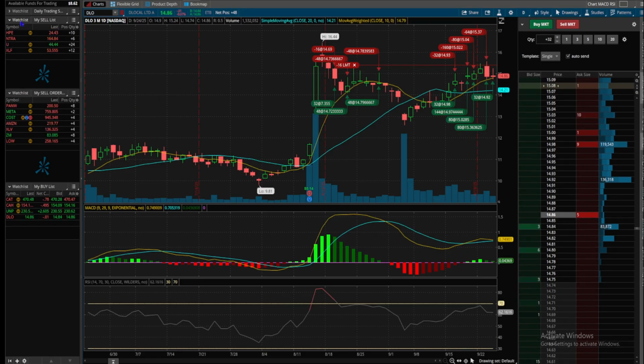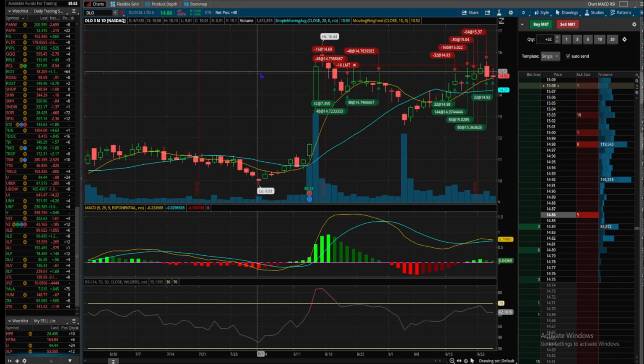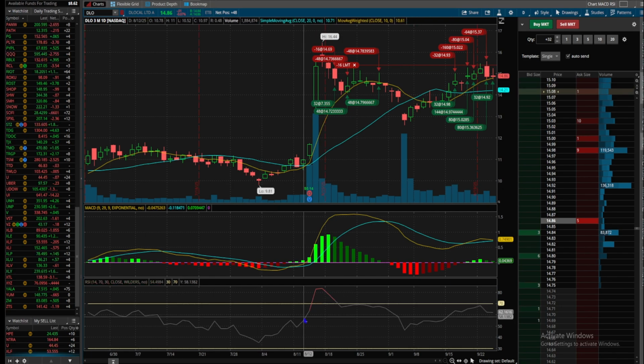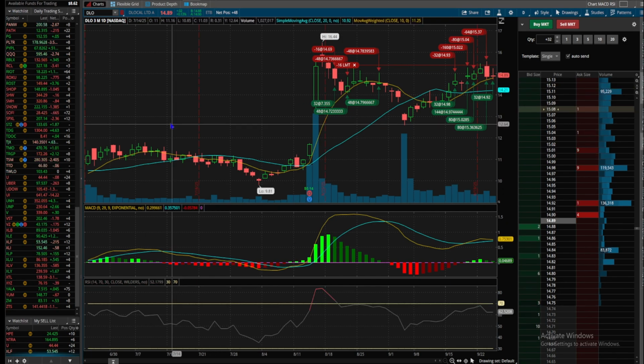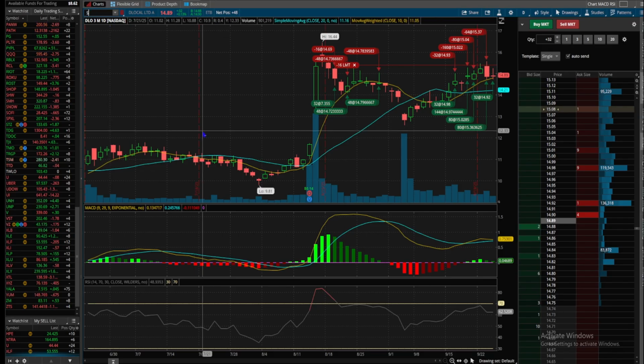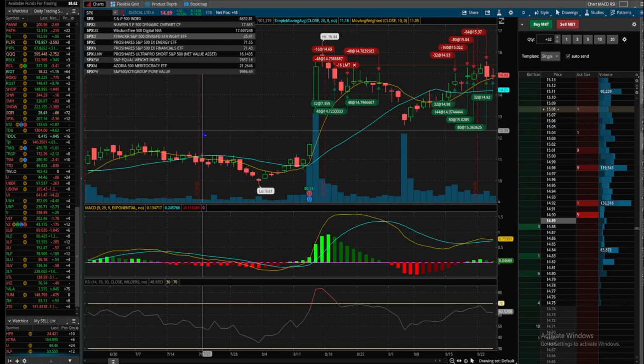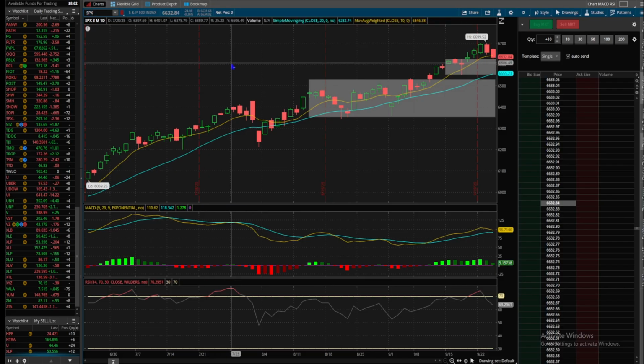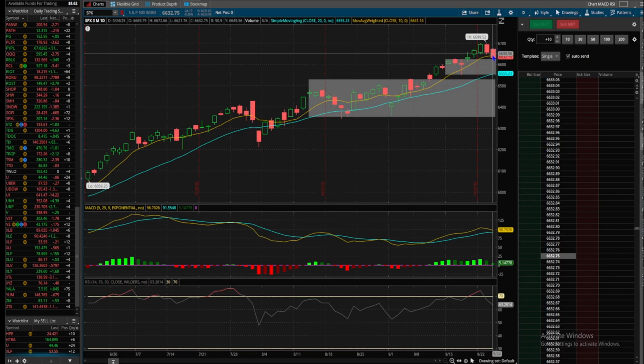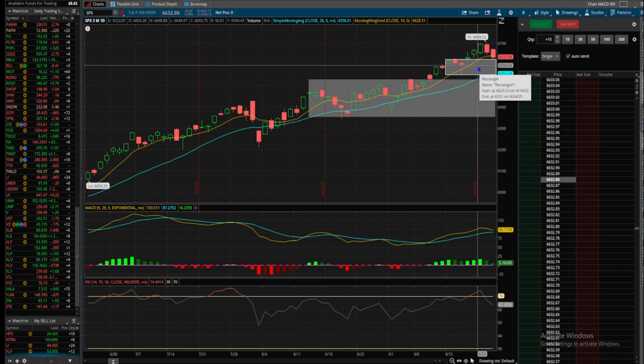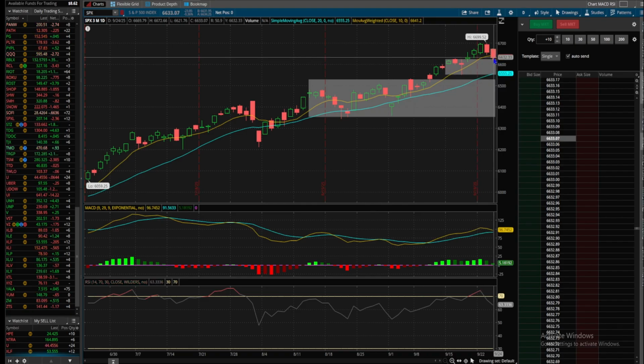So the last thing that we need to take a look at are my trading results for the day. All right, before I do that, let's go back to our base chart of the S&P 500 on the SPX. You can see that our price is still above the top of the zone of support. We're roughly right around the same price that we were when we started this video.